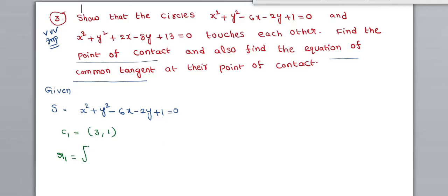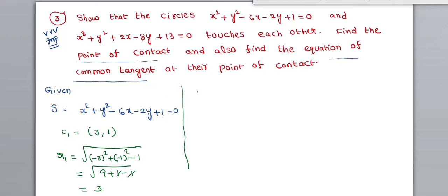Radius r1 equal to square root of g square plus f square minus c, root of 9 plus 1 minus 1, that is root 9, value 3.